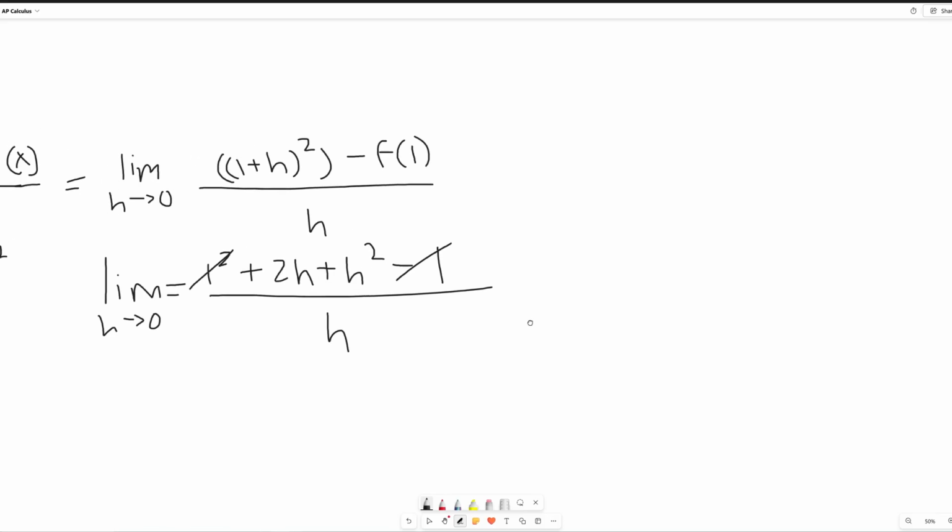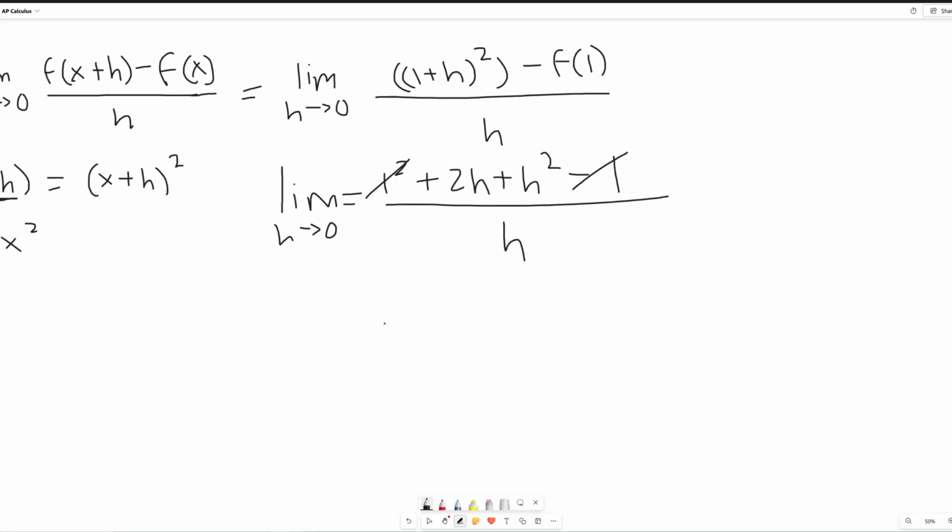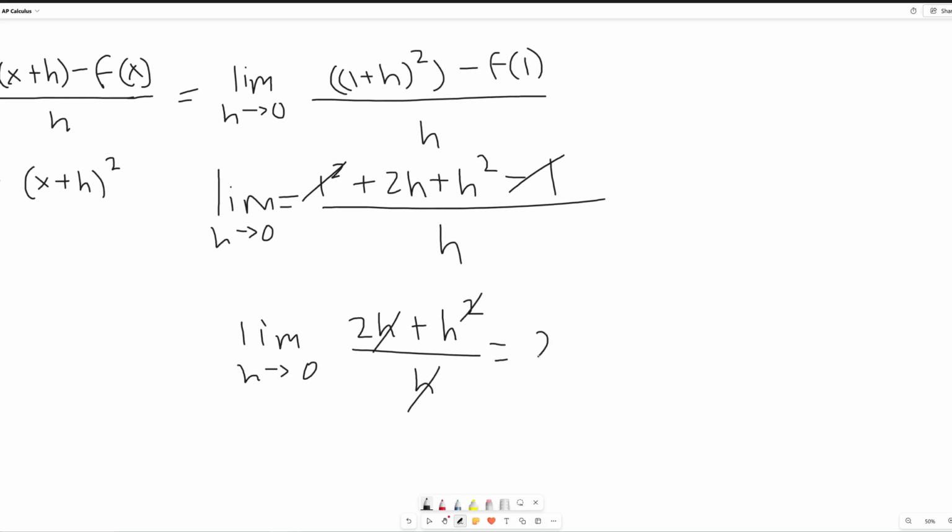And now, we're left with 2h plus h squared over h as the limit of h approaches 0. So, what you can see here is that these h's will mostly cross out. This h crosses this h, and this same h crosses the exponent off of this one. So you're left with 2 plus h.